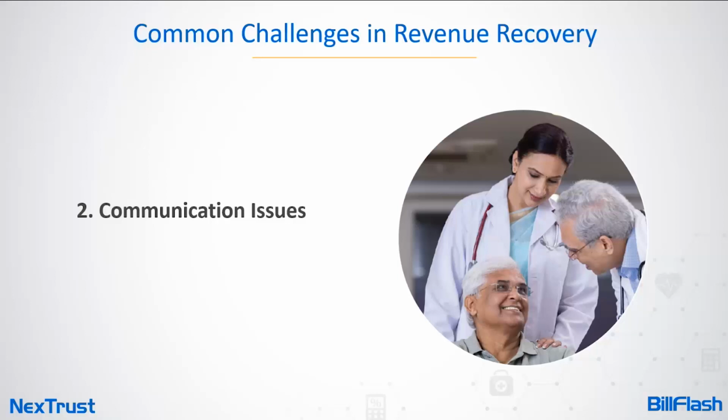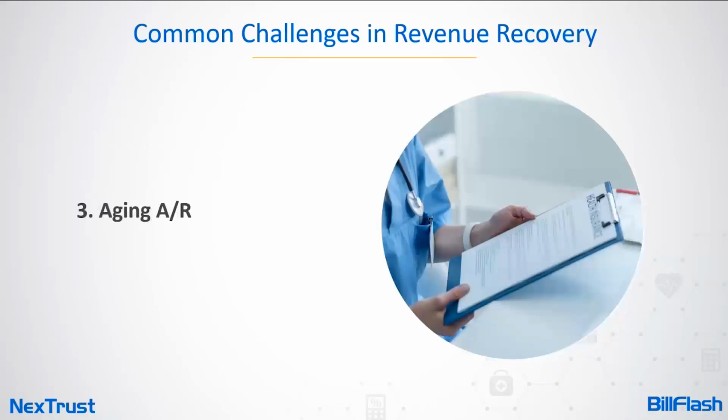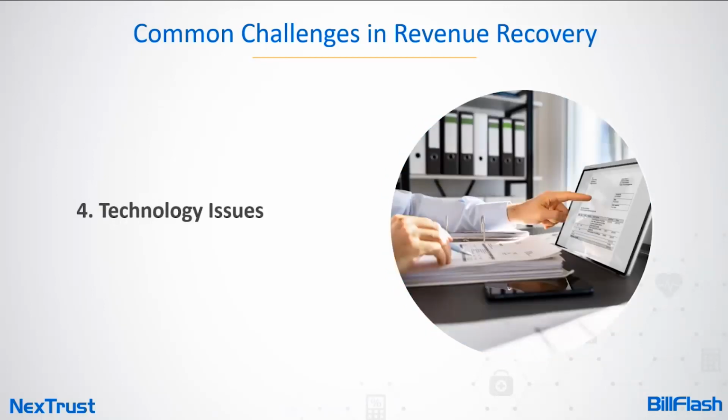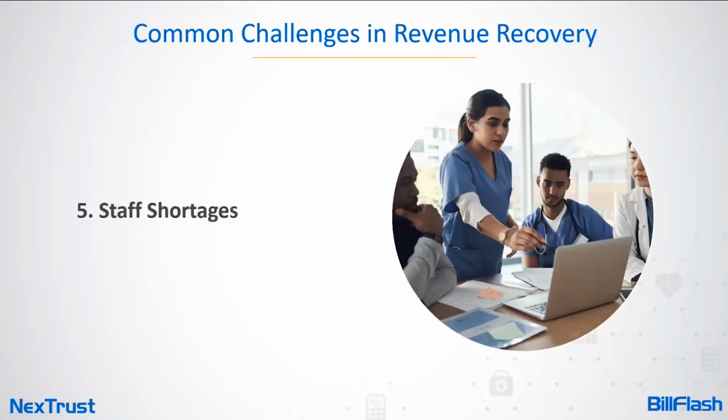Number two is communication issues. Aging AR, number three. The longer an AR remains unpaid, the harder it becomes to collect. Aging accounts receivable can result in revenue leakage. Technology issues. Outdated or inadequate billing and collection software can hinder efficient revenue recovery efforts. We've all felt this one.